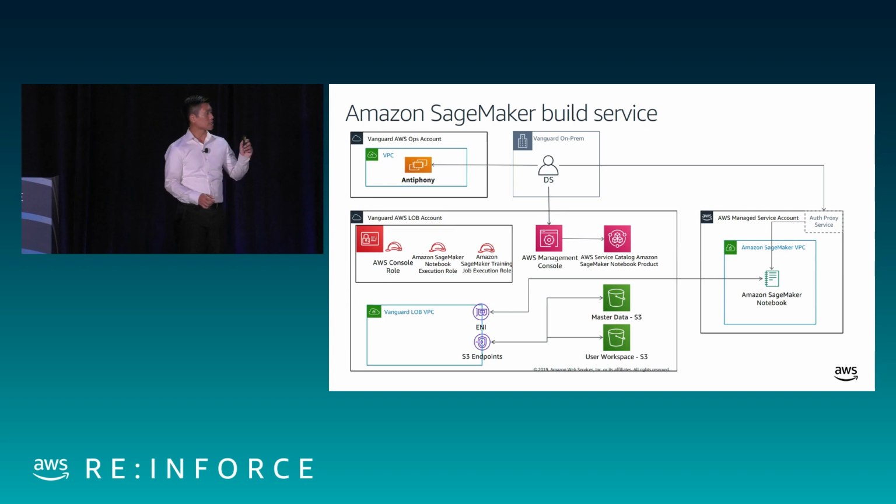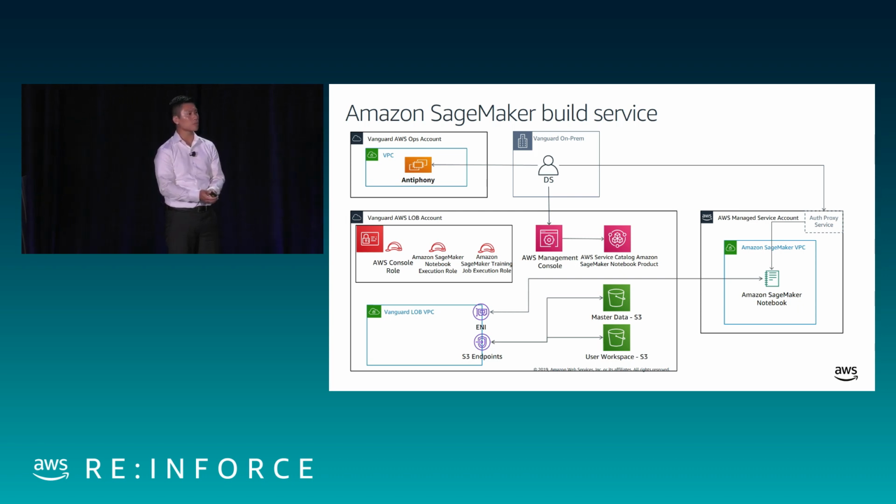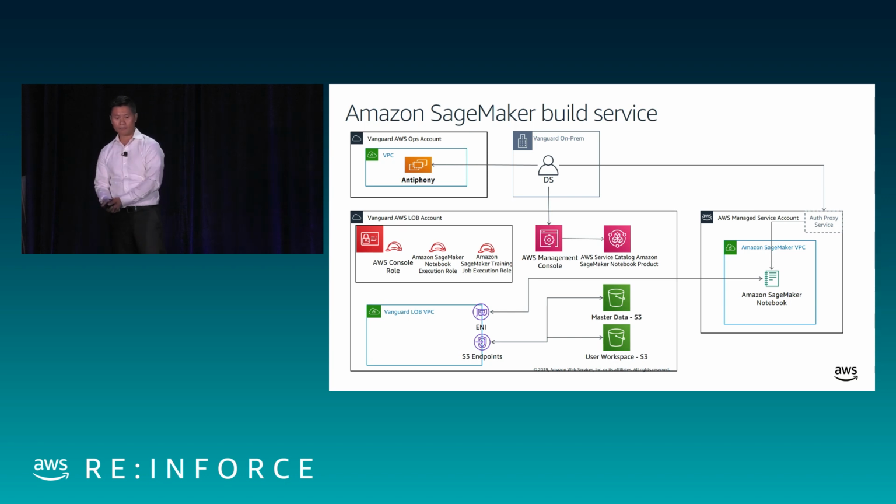So here's the architecture diagram for the SageMaker build service. Before the user can launch a service catalog for SageMaker Notebook, there is a one-time initial setup by the IT team. For example, they have to create the IAM role for the console access, the SageMaker Notebook execution role, the training job execution role, the S3 bucket, and the service catalog product and portfolio.